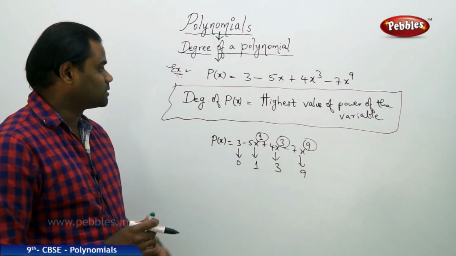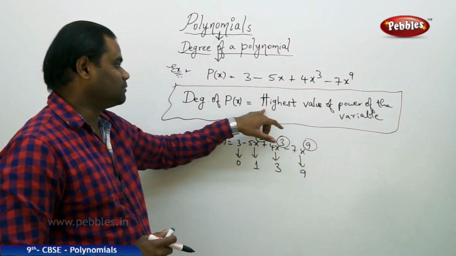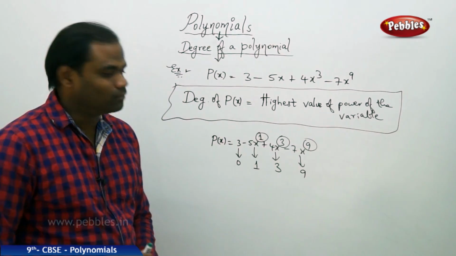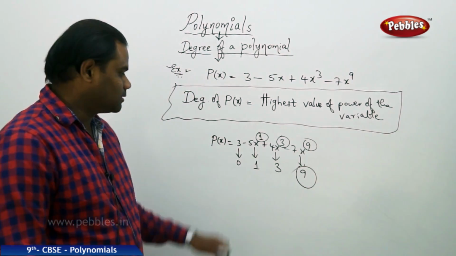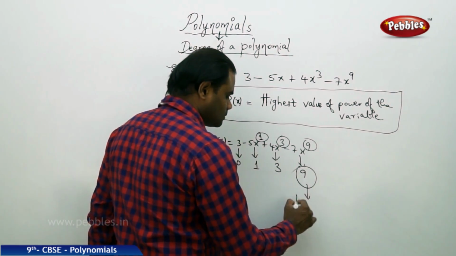Now the definition comes: the degree of the polynomial, the whole of the entire polynomial, is defined to be the highest value of the power of the variable. Now, which is the highest value of the power of the variable? We select the powers, and finally I find this to be the highest.